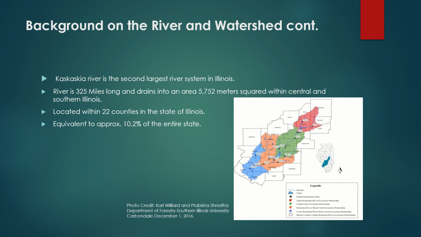It's located within 22 counties in the state of Illinois, which is approximately 10.2% of the entire state. So a significant area with a lot of important agricultural benefits, which we'll talk about. There's a lot of agriculture within that region.